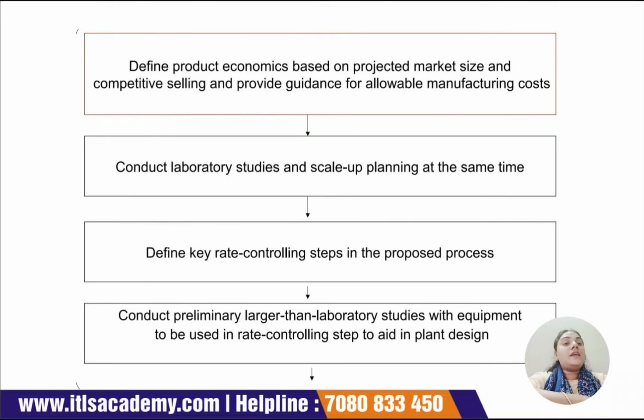Then define the key rate controlling step in the proposed process. Then conduct the preliminary, larger than laboratory studies with equipment to be used in the rate controlling step to aid the plant design. Firstly, you define the product economics, then you conduct the laboratory studies, then you define the key rate controlling steps.